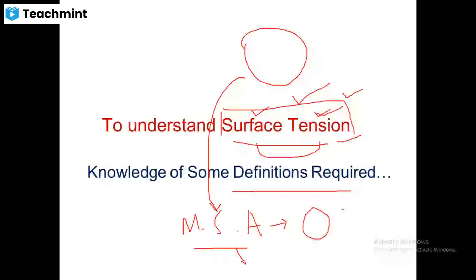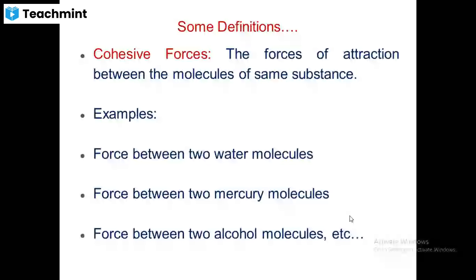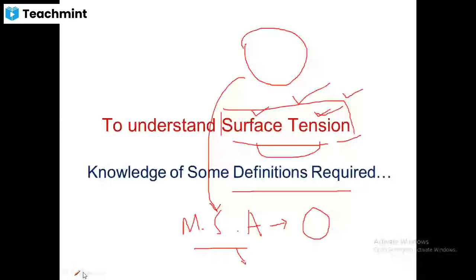There is something called a cohesive force, something called adhesive force, something called a surface area, something called a molecular force, something called a molecular range. All these things are associated with surface tension. Once you understand these definitions, you'll have clear knowledge of surface tension, right? I think we'll discuss these definitions a bit later.